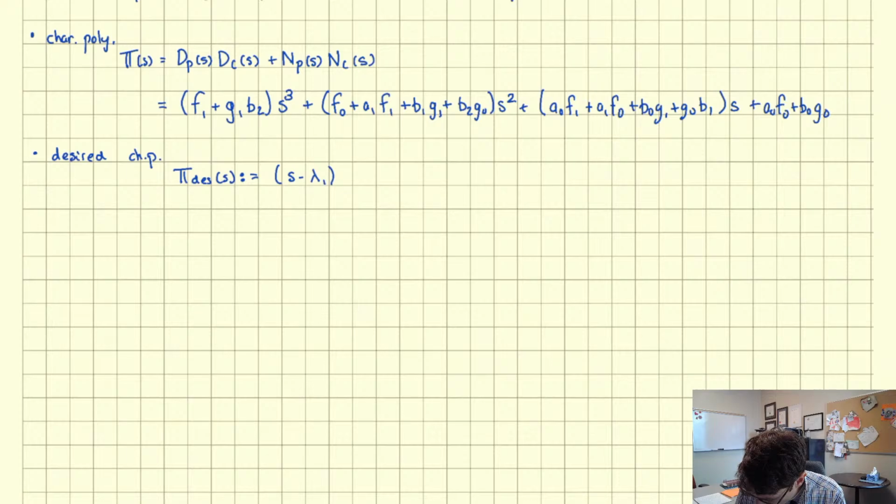Here you have to pick 3 desired roots in this case, because the plant is second order and the controller is first order. So the lambda i will be in the good region of the complex plane, which we talked about last class. First you figure out what the good region of the plane is, and then you pick these poles. We'll talk a little bit more about this as we go, but the typical picture you might have might be something like this.